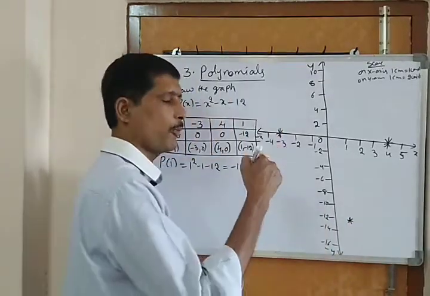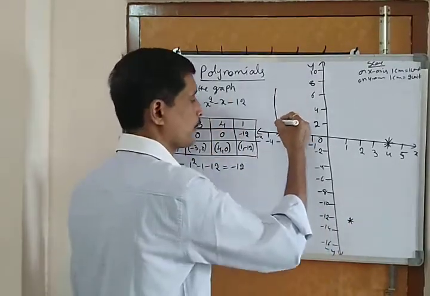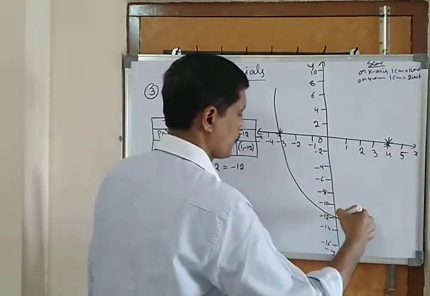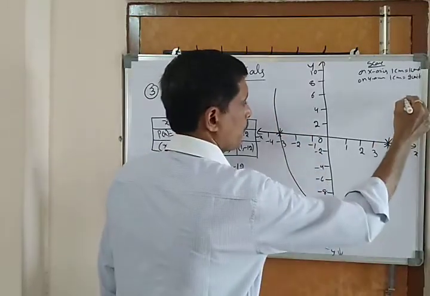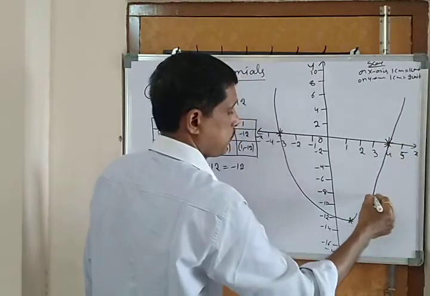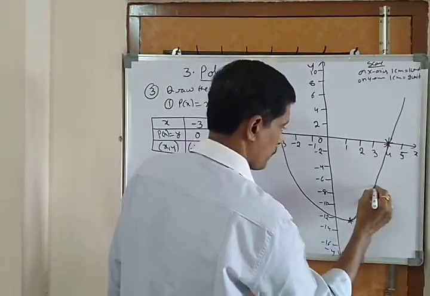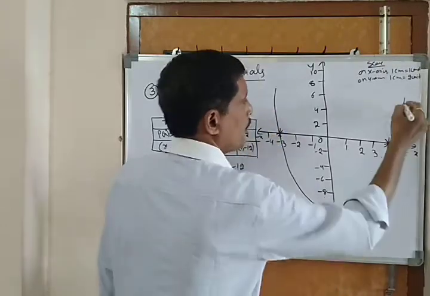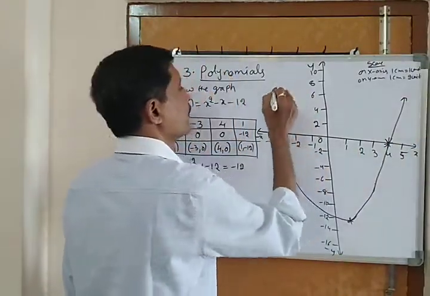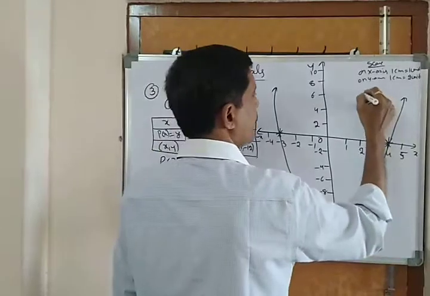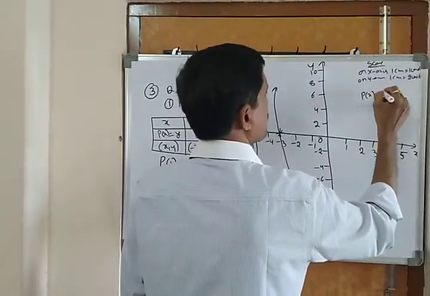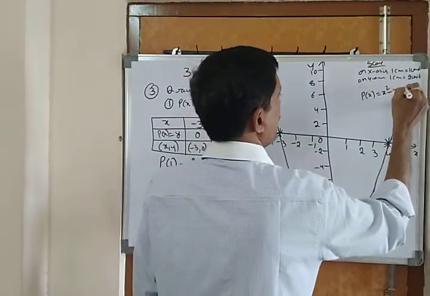Therefore join all these points by freehand only. Therefore that is the U shape. Here the graph is p of x equal to x square minus x minus 12.